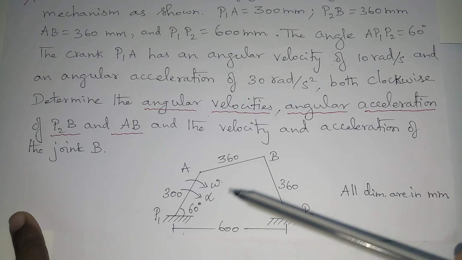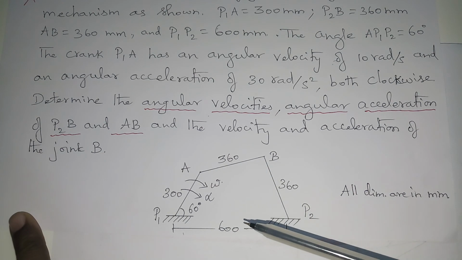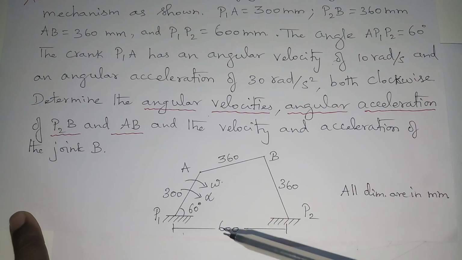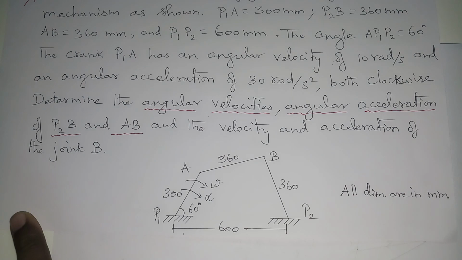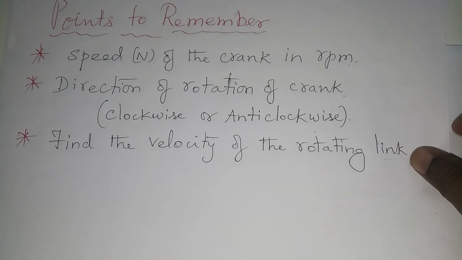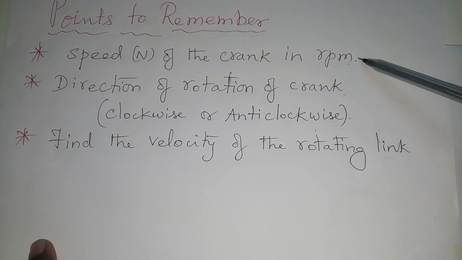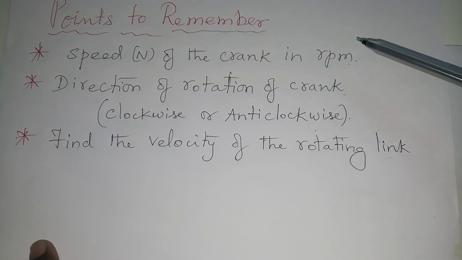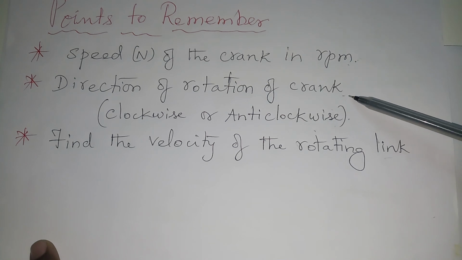We are going to draw the velocity and acceleration diagram, and in the last video we have seen how to construct the velocity diagram for a 4-bar mechanism. The same procedure applies. Some key points you have to remember: first, check whether speed is given. Once the speed is given, next check the direction of rotation, whether it is clockwise or anti-clockwise.